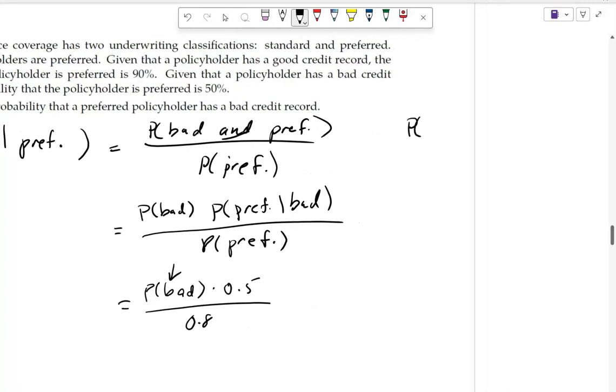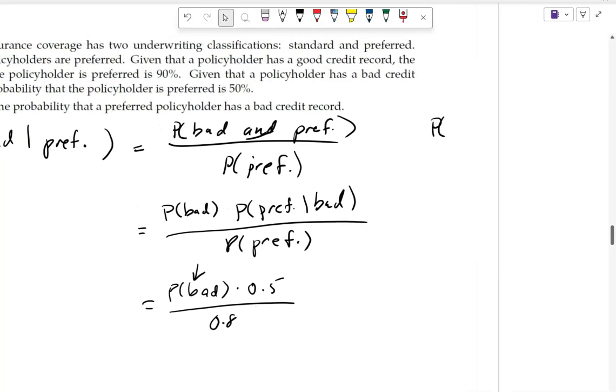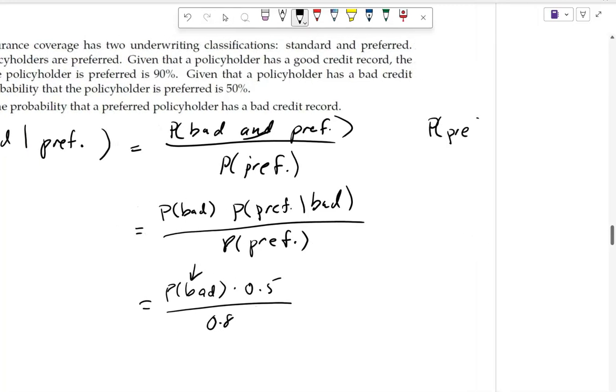Probability of what? Preferred given good, good. We know that one, right? It's 0.9, which we have not used yet, right? Agree with that?